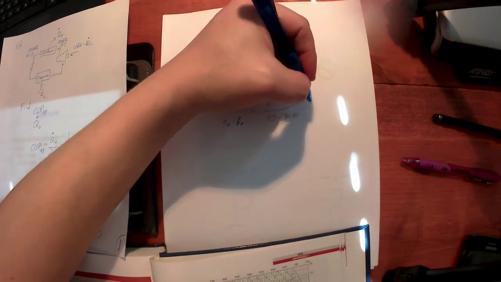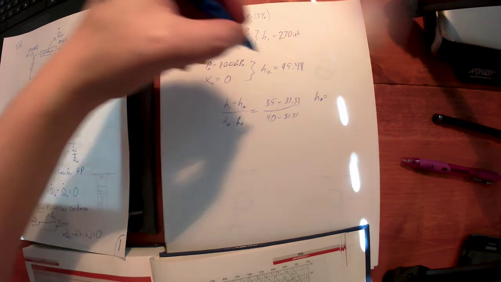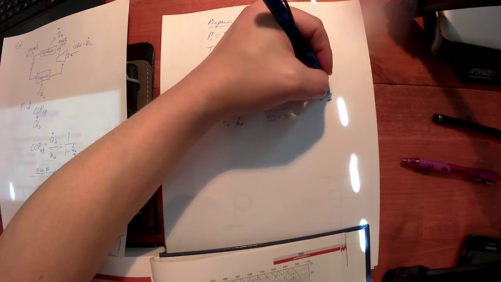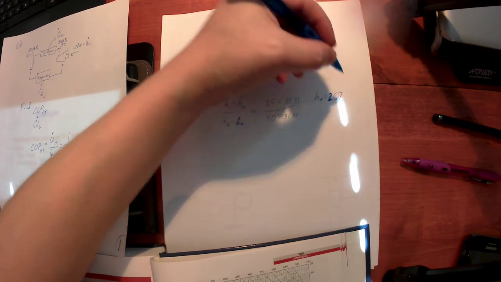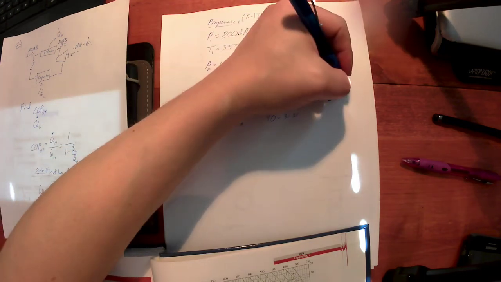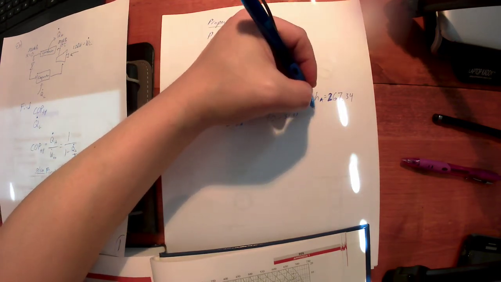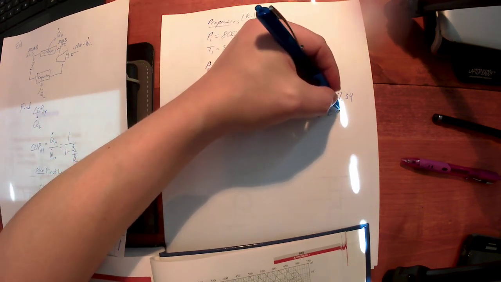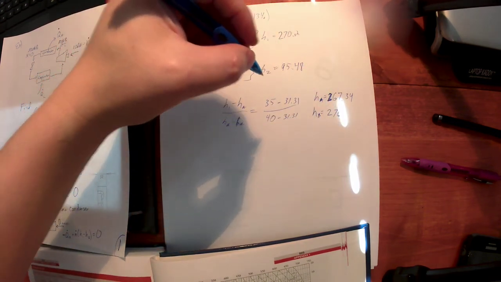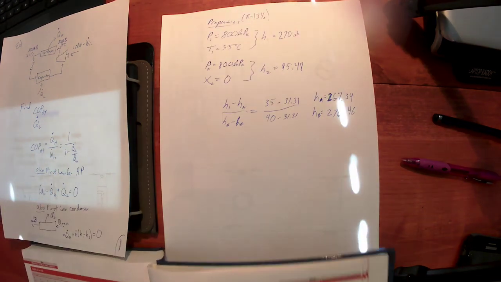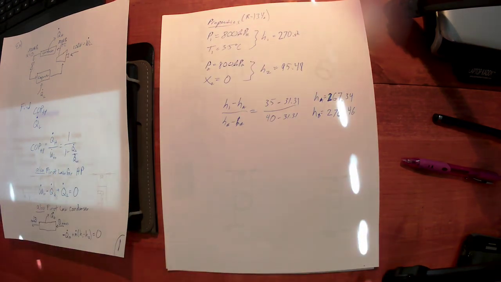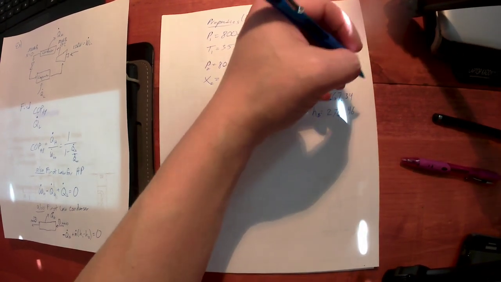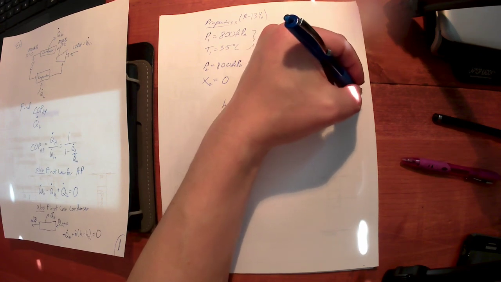H for the saturated row is 267.34. That's for row A, and then HB is 276.46. Both of those are kilojoules per kilogram.